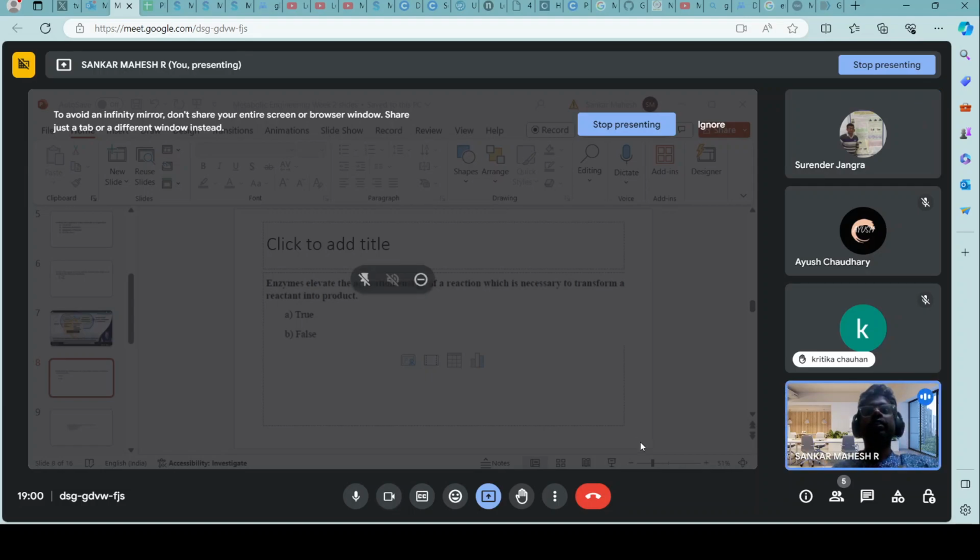Kritika, you can start by explaining what activation energy is, and then we'll go ahead with Surender, and then Ayush. Kritika, are you there?